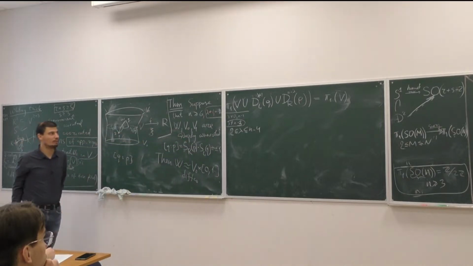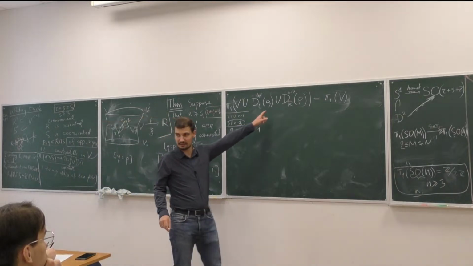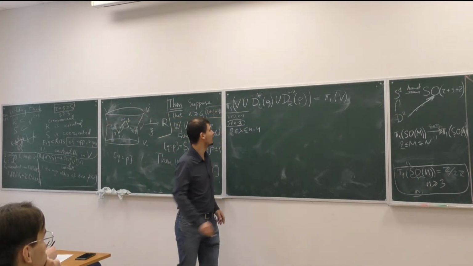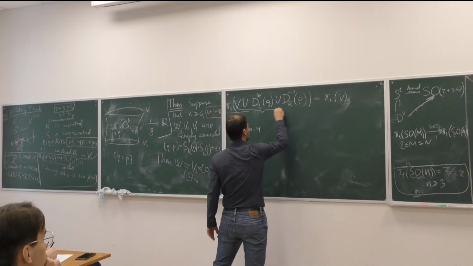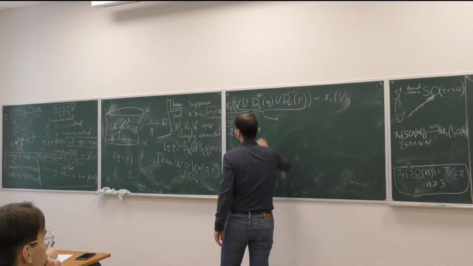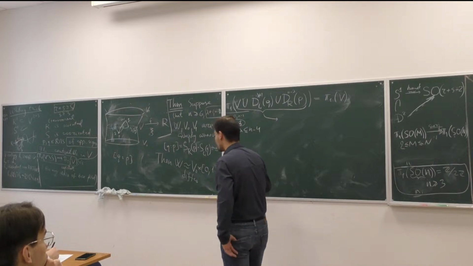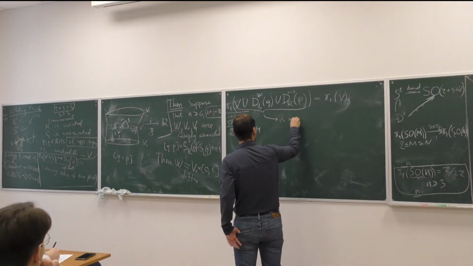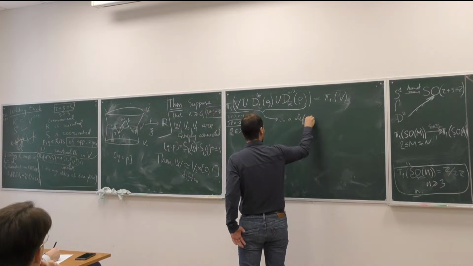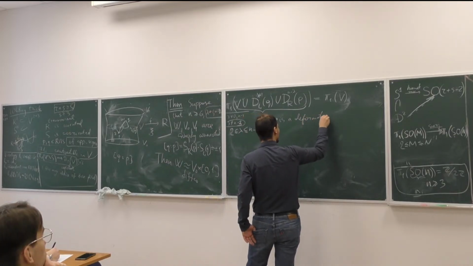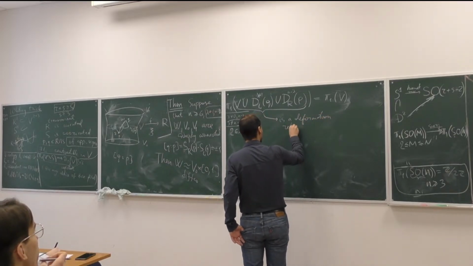And now, what can we say about this set? The claim is that this set is a deformation retract of W. Around n minus at least 4.